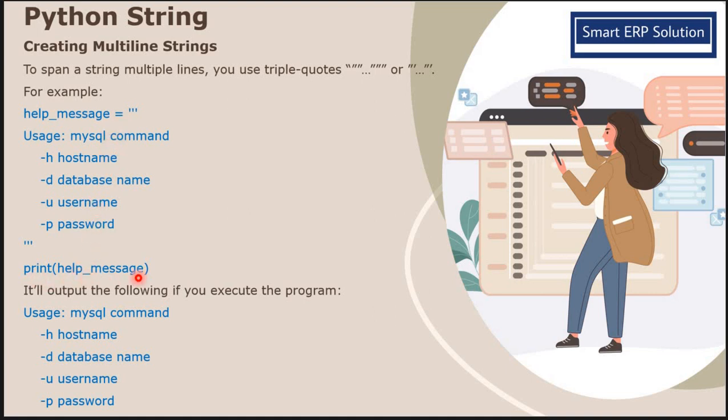Print help message. If we run this program, it will give the following output. This is the output string. It will display in the same way as it is written within the triple quote.